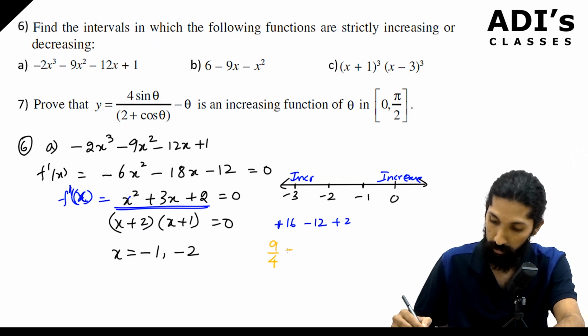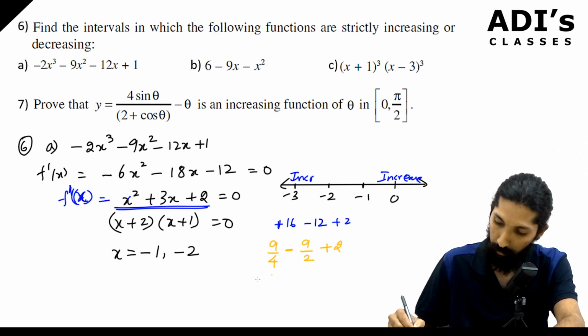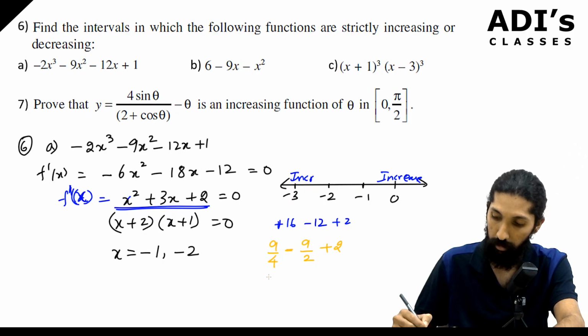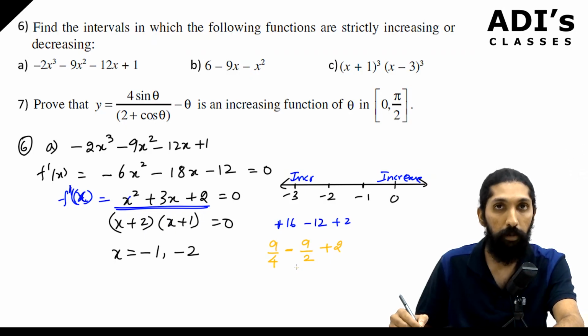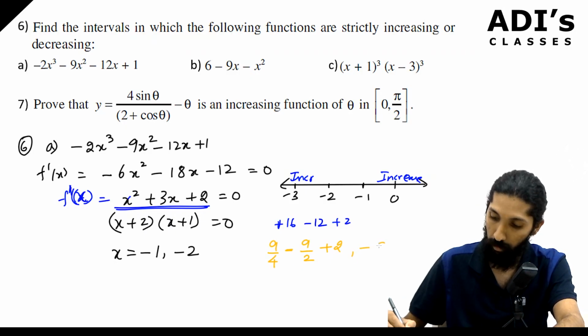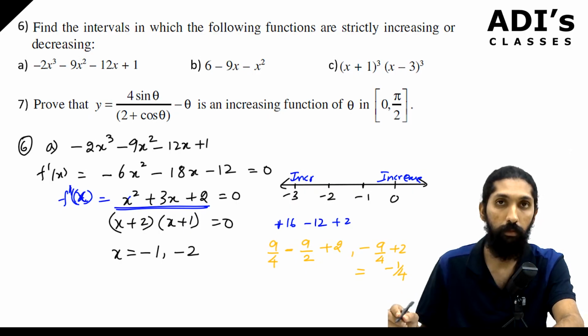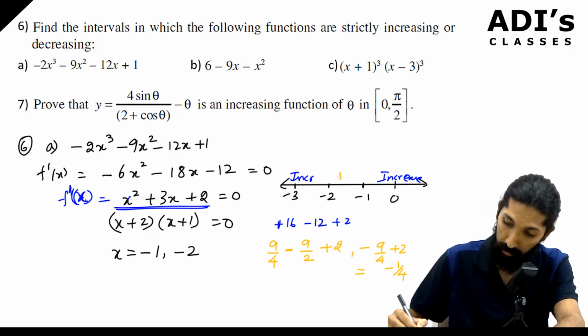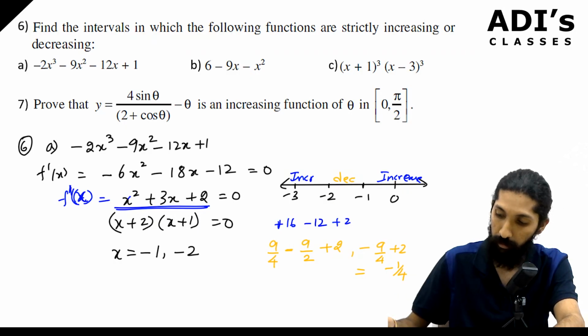So minus 9 by 2 plus 2. Right? So 9 by 4 minus 9 by 2 is minus 9 by 4. So you have minus 9 by 4 plus 2, which is going to give us minus 1 by 4, which is negative. That means in between we have a decreasing value.